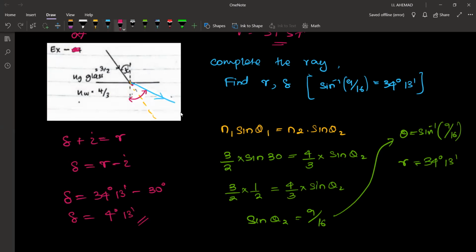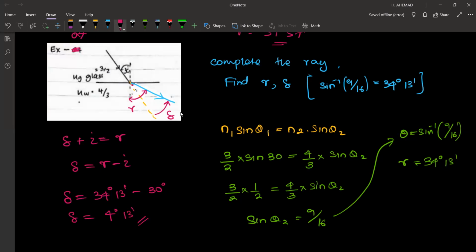Okay, what I have marked now is the refractive angle. Okay with that? And here, look, this dashed line is the light ray if it was not deviated, but now it's deviated by this angle. So this angle over here, that's delta.